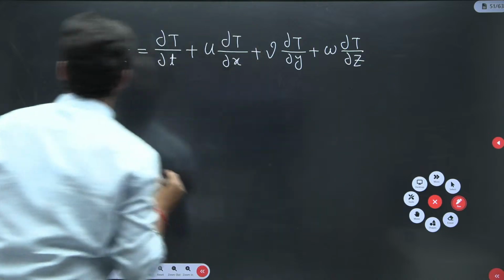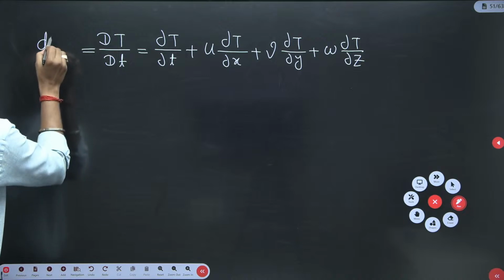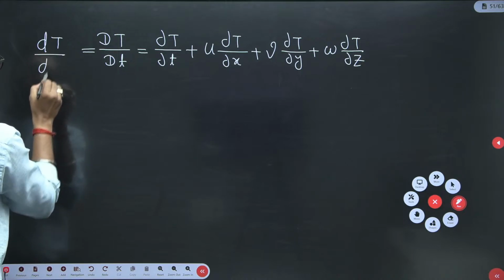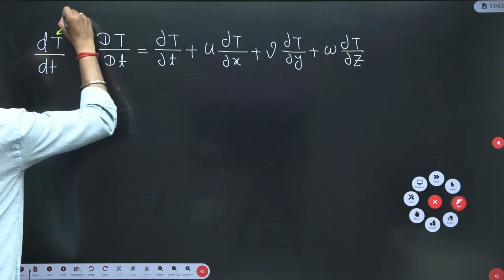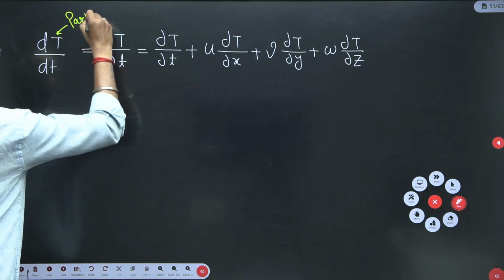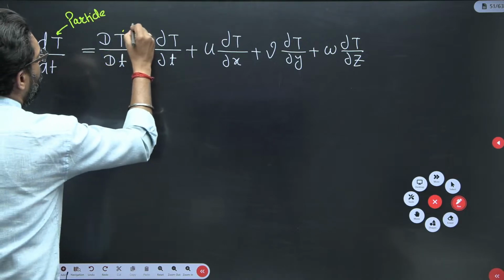My dear, this is equal to dT over dt. So this is for the particle, and this is for the field.